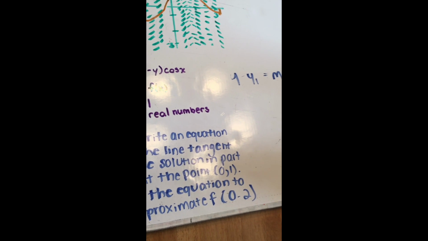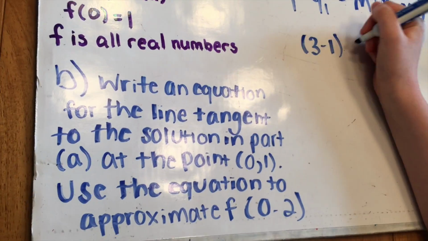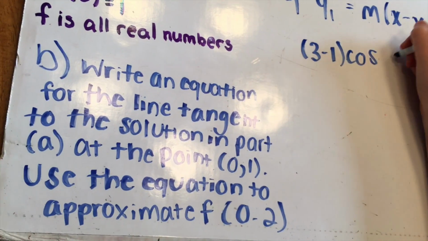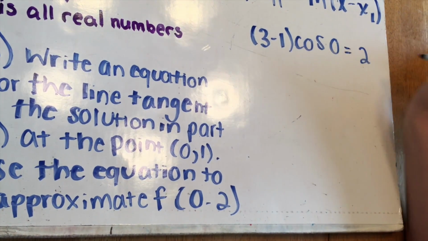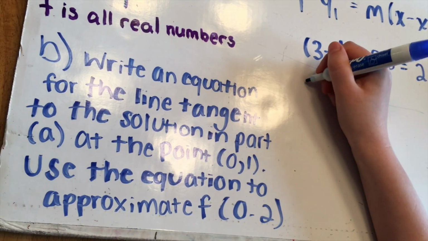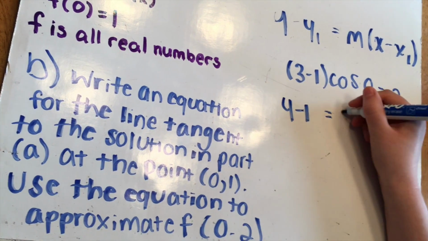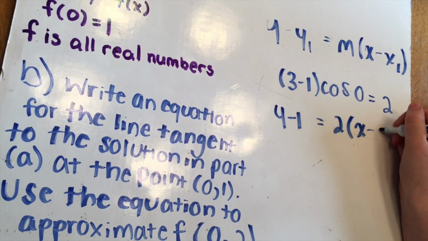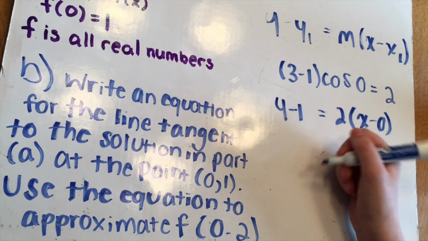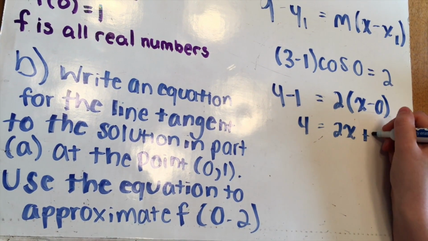You plug in the point (0, 1), so it would be (3 minus 1) times cos of 0, which is equal to 2. Therefore the equation is y minus 1 equals 2 times (x minus 0), giving you y equals 2x plus 1.